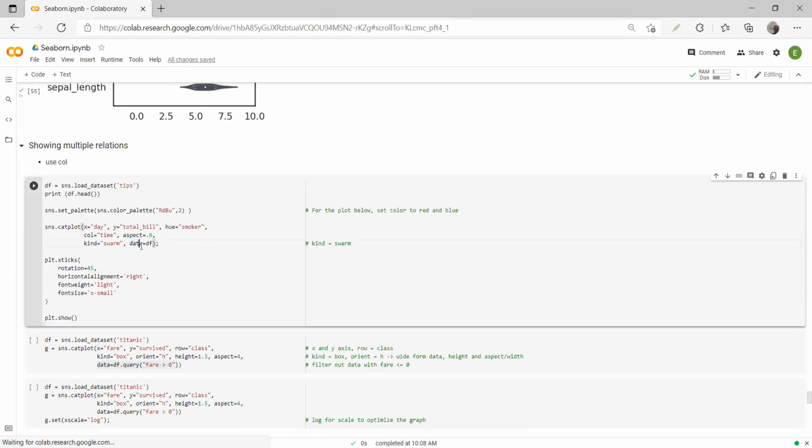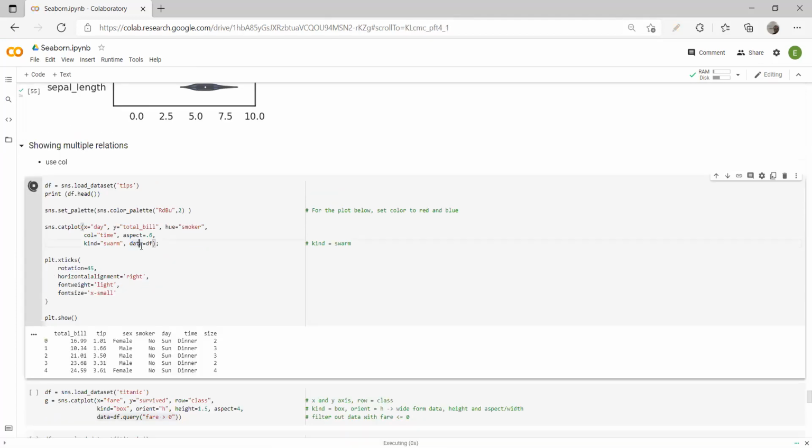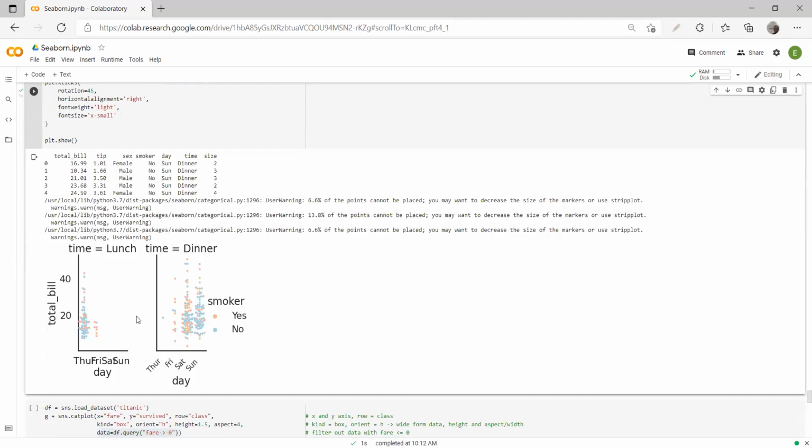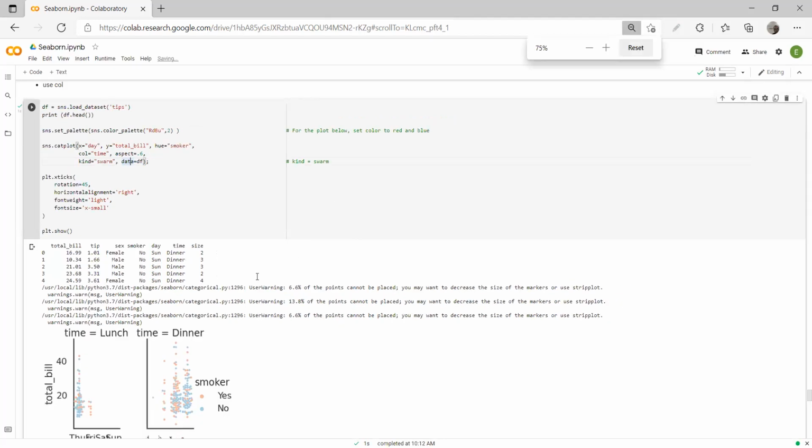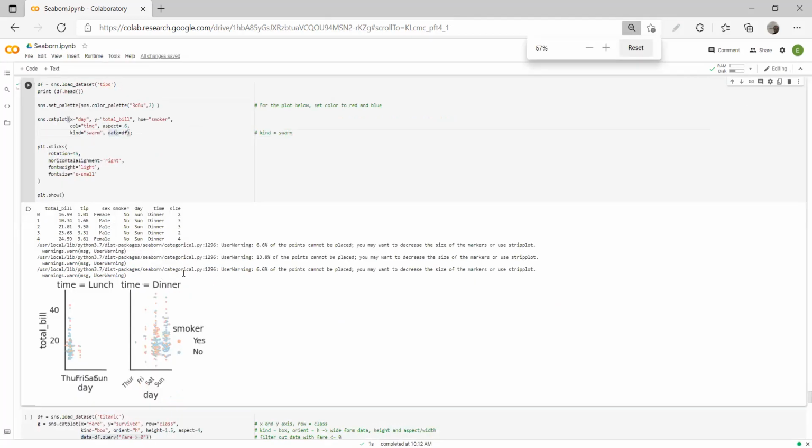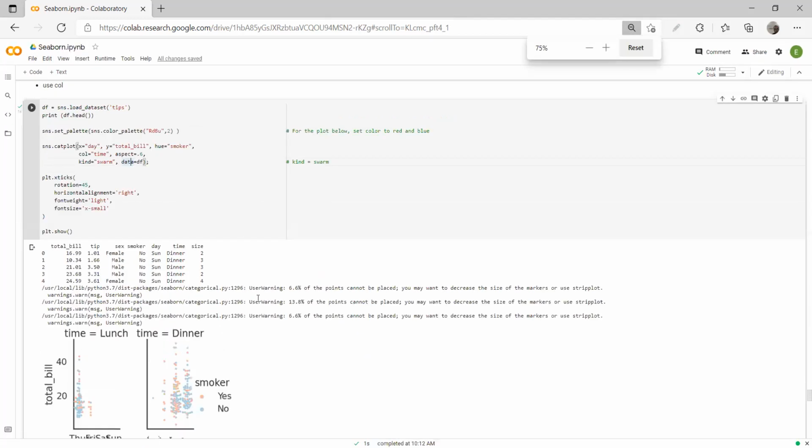Then going ahead, showing multiple relationships. Let's look into this particular code. This is an interesting code and I tried to fix it a little bit, but I couldn't. Maybe you can help me out.